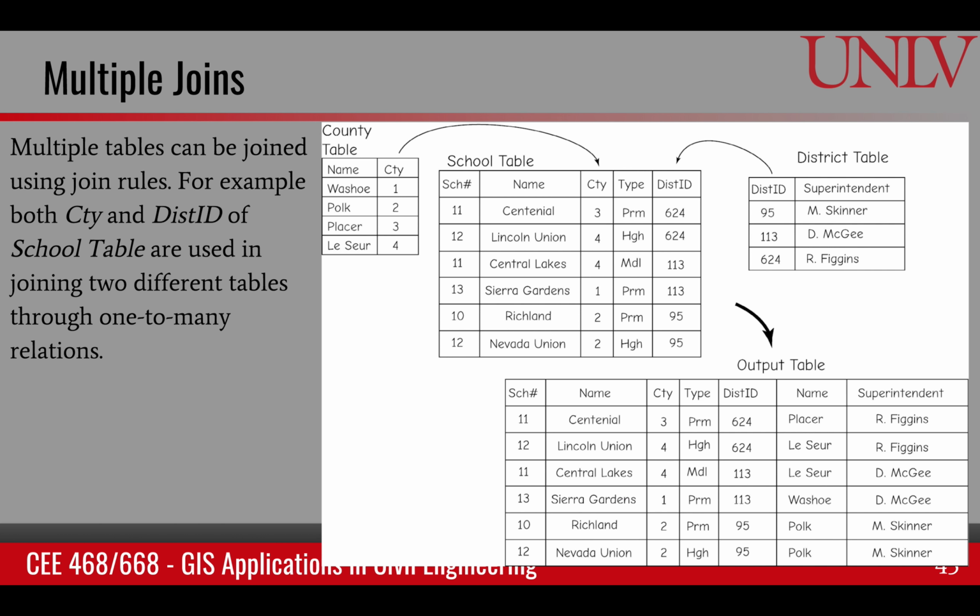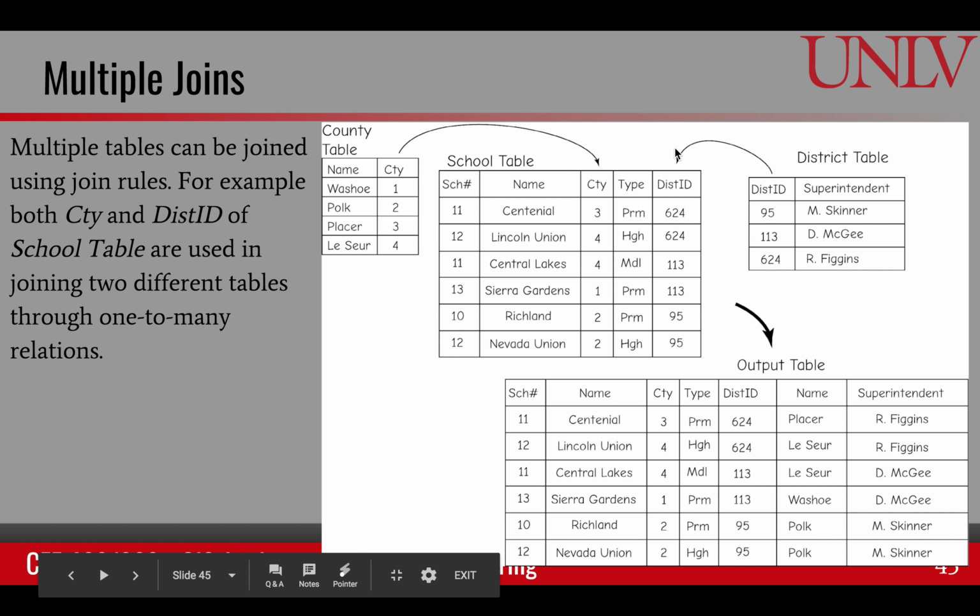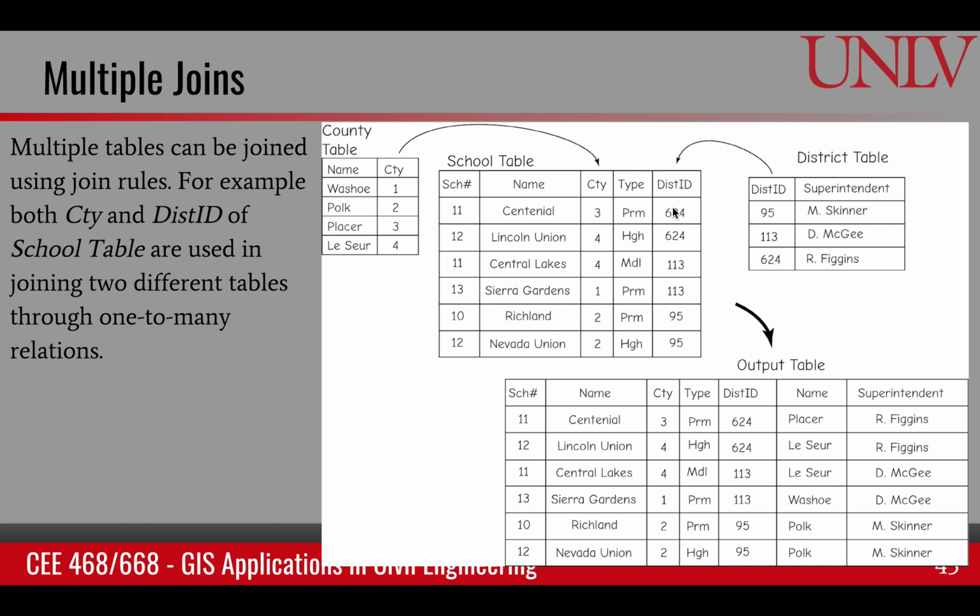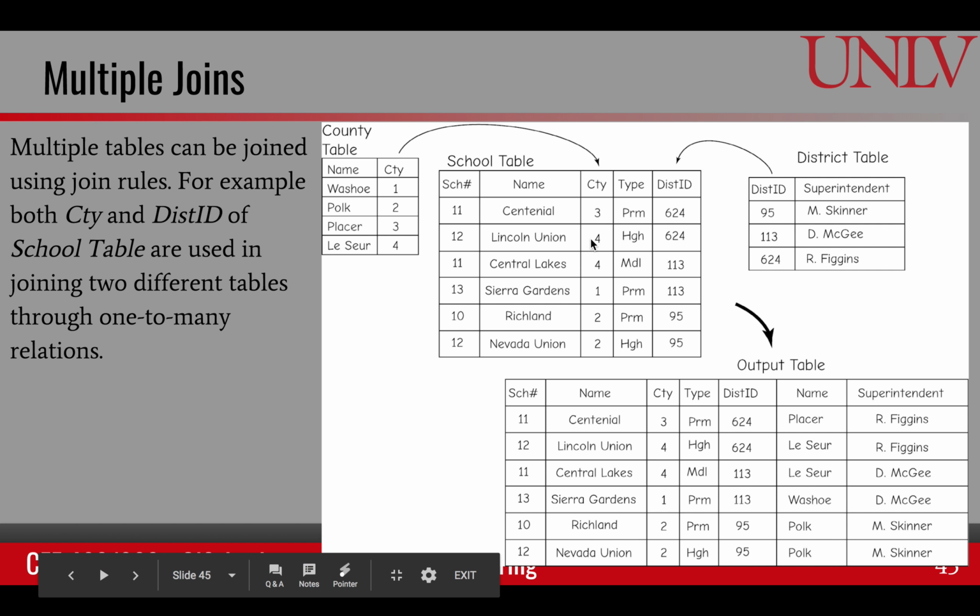The tables that exist in a relational database, we can also combine multiple tables, more than 2 tables, as long as we follow the join rules that we discussed earlier, whether we're doing inner or outer or one-to-one or one-to-many. And so we can look at this process as a reverse of the normalization.